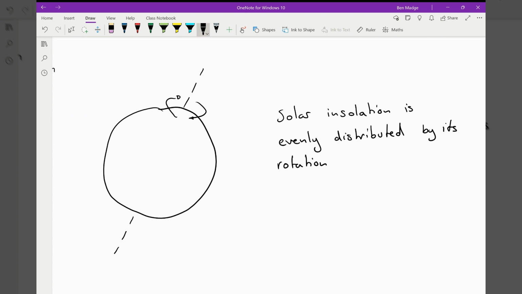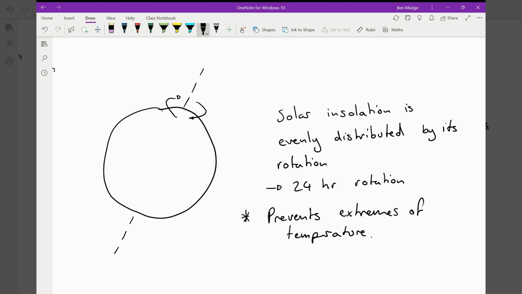Okay, so the rotation is a 24-hour rotation. Okay, and this prevents extremes of temperature.